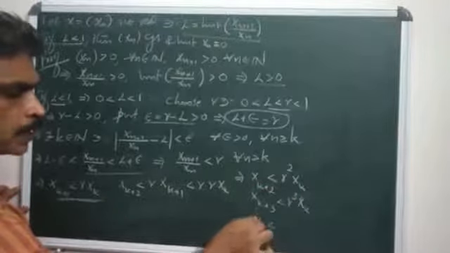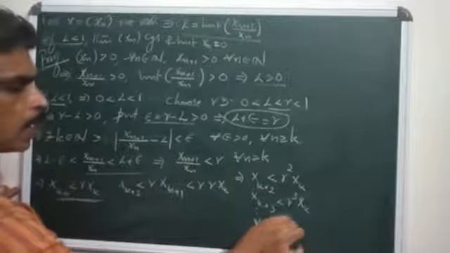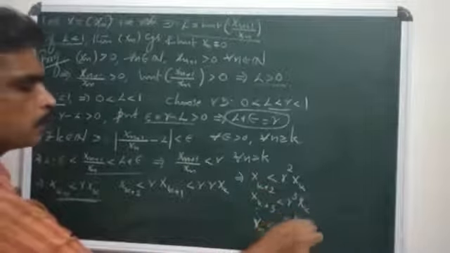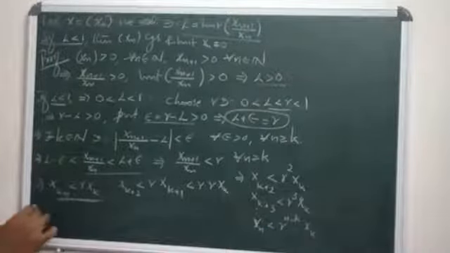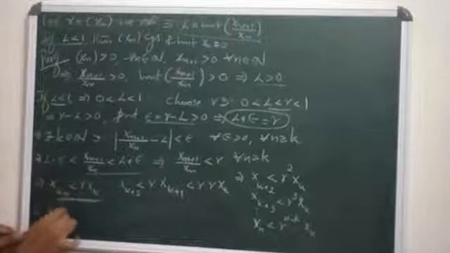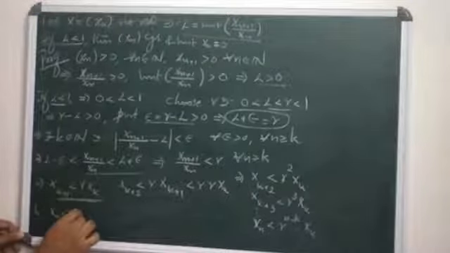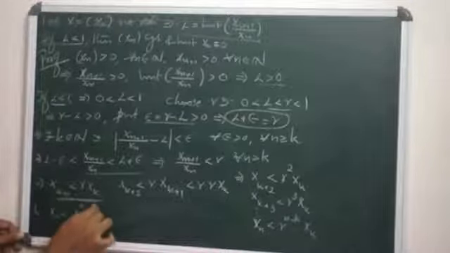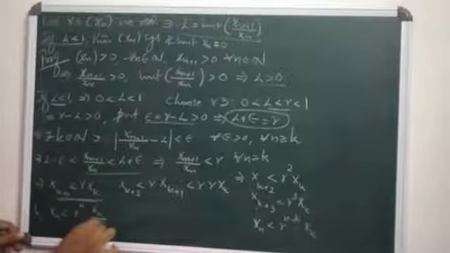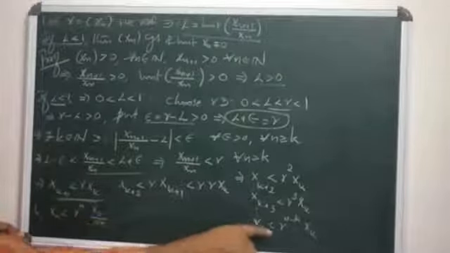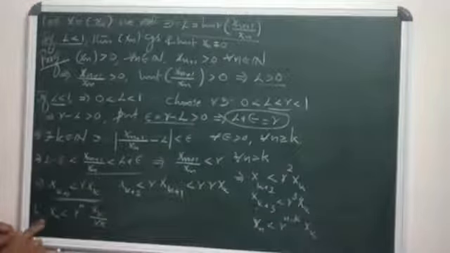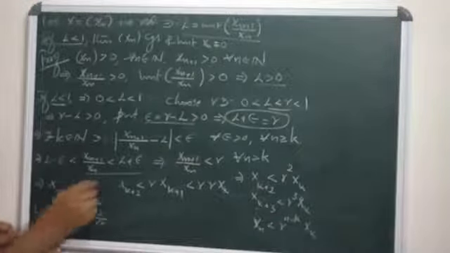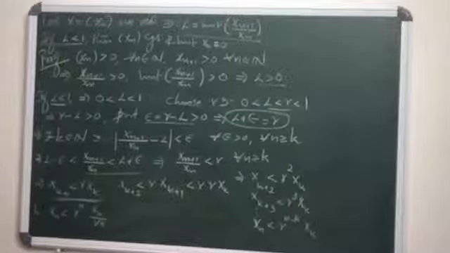So proceeding like this, we have x_n less than r^(n-k) into x_k. That means x_n is less than r^n into x_k by r^k. R^(n-k) is r^n by r^k. So finally x_n is strictly less than r^n into x_k by r^k.